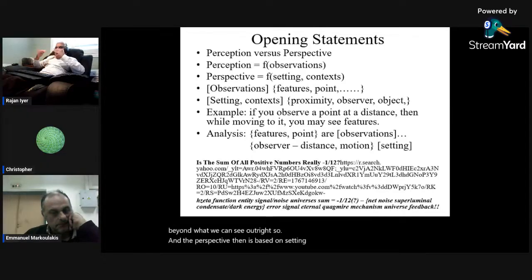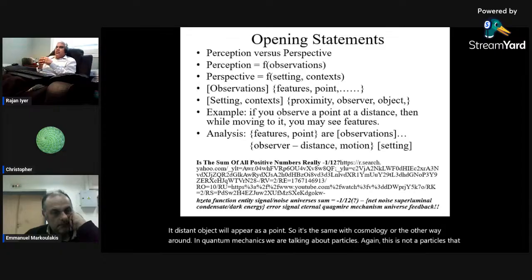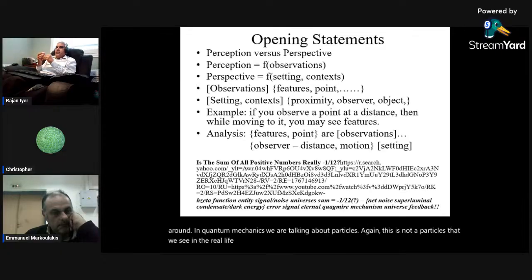Like I said, if you are far away, a distant object will appear as a point. It's the same with cosmology, or the other way around in quantum mechanics. We are talking about particles. Again, it's not the particles that we see in real life, but the particles we see with a highly advanced microscope, and the most advanced microscope is the LHC, the Large Hadron Collider.